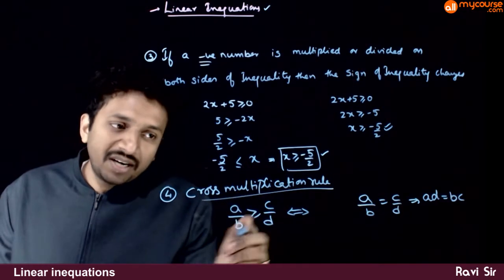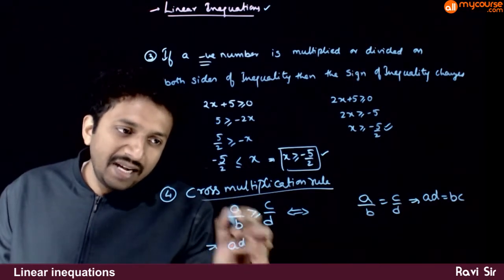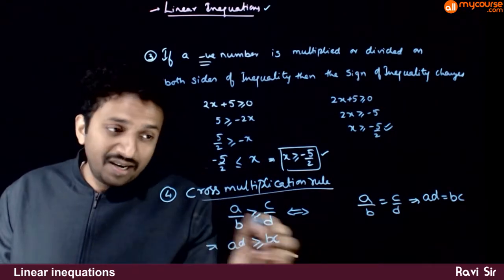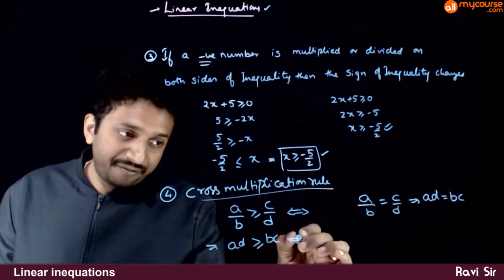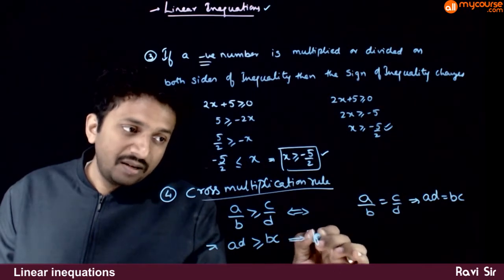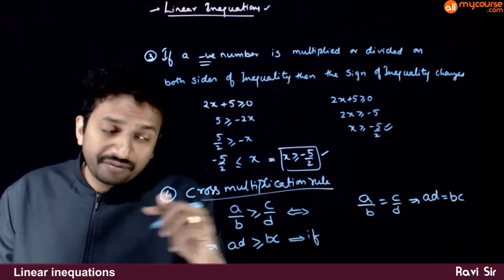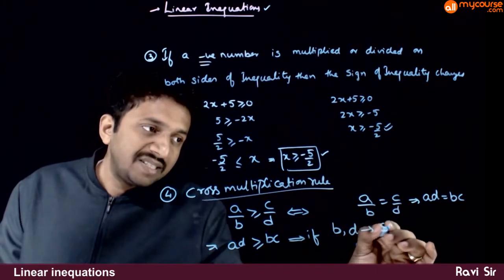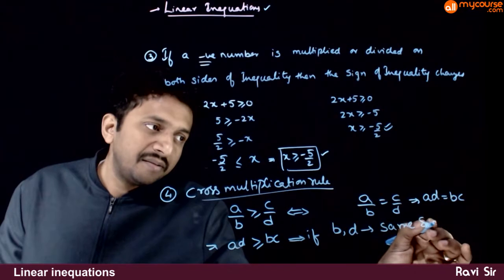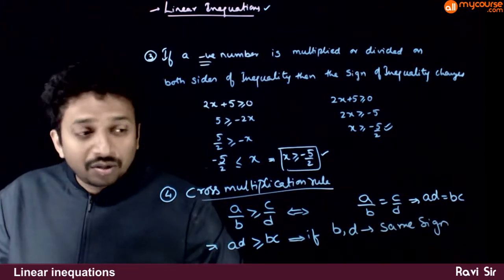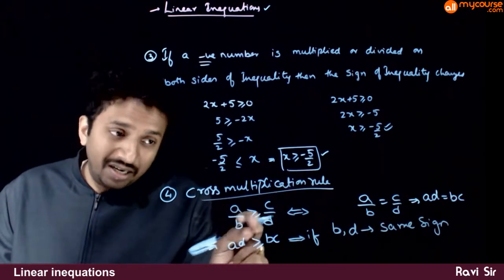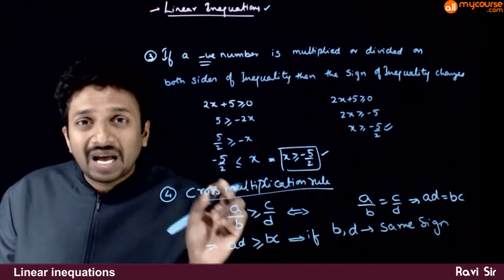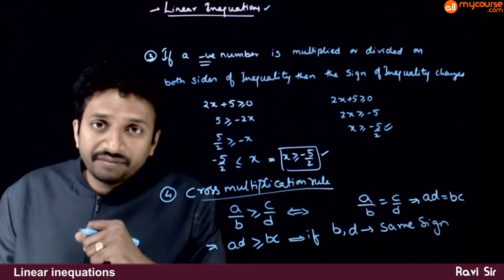If A by B is greater than C by D, this implies AD is greater than or equal to BC. This can be done if B, D are of the same sign. So cross multiplication can be done consistently, AD greater than BC, if B and D are of the same sign, that is either both are positive or both are negative.